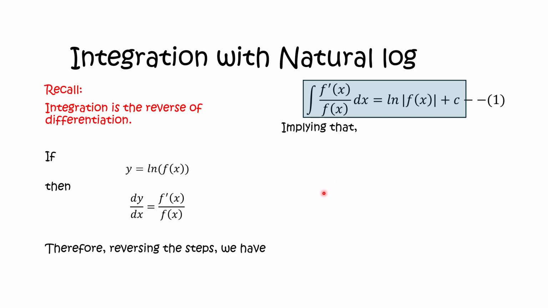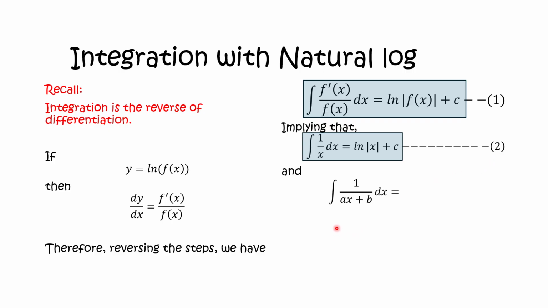Let's move on. So this would imply that if we are integrating 1 over x dx, our answer would be the natural log of absolute value of x plus c. Let's label this one equation 2 or formula 2.